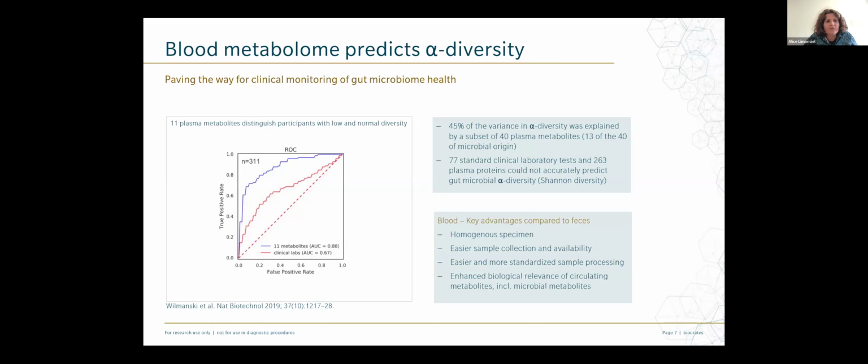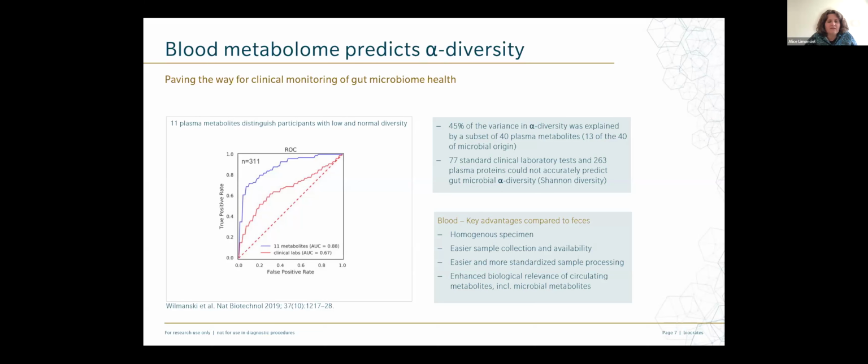So this is also a case for the use of blood as a matrix in metabolomic studies, also in combination with metagenomics, and also for more technical or practical reasons. If you've ever worked with feces samples, you know that it's far from being a homogeneous sample type.